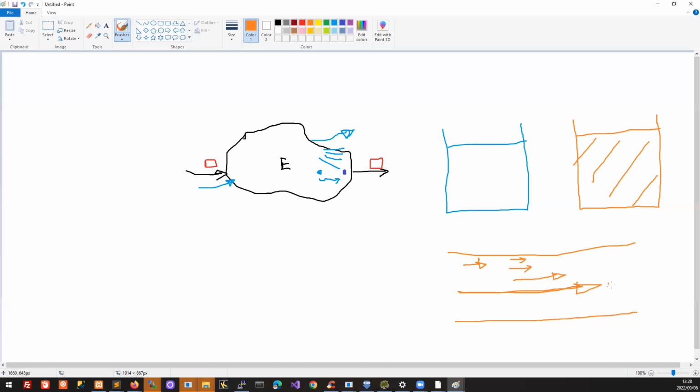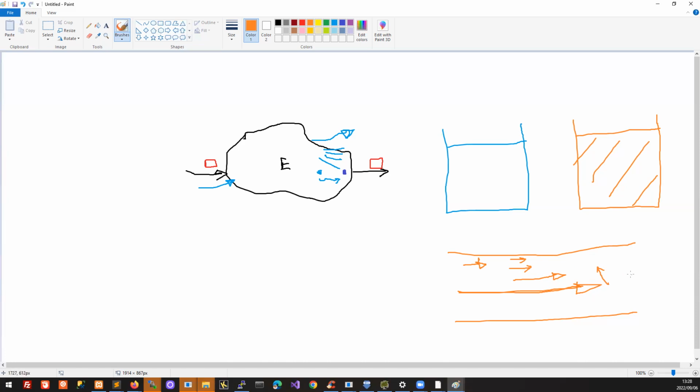So the high velocity region will lose momentum to the lower velocity regions. And conversely, the low velocity regions will be dragged, and so they will accelerate. So that is a loss of momentum due to viscosity.